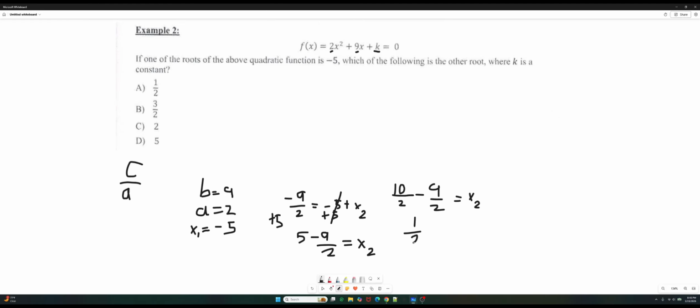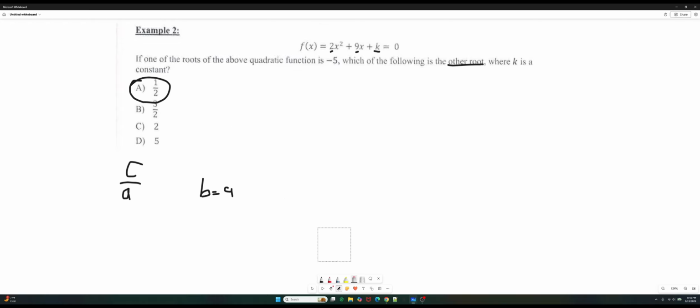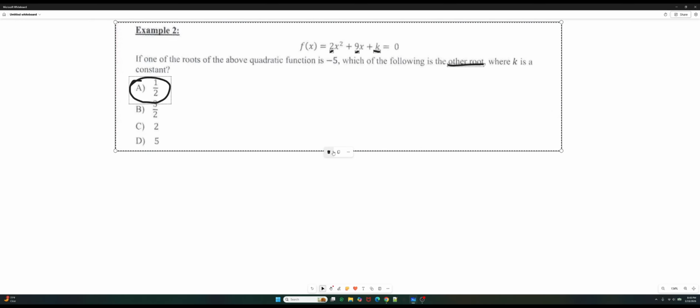So we'd get 1/2 equals x2. And now we know that the other root is 1/2, which is the answer. So that's how you solve this one. Just use the formula. It's just plugging in numbers, finding the unknown value. Really simple. It'll probably take you like 30, 40 seconds, even less than that.